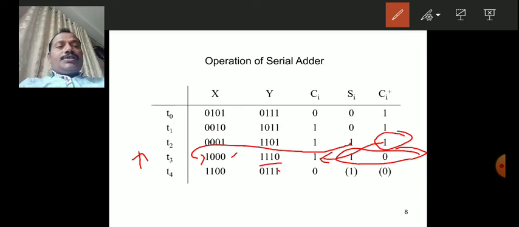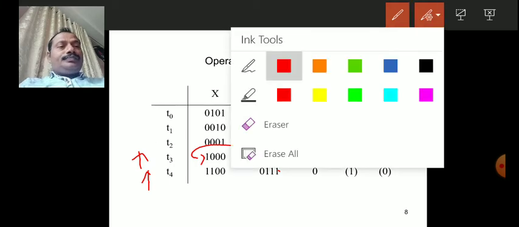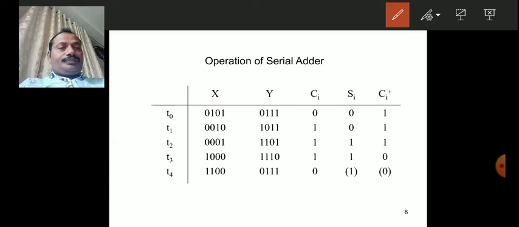Now the next pulse comes here. In the next pulse, the sum bit is shifted into the MSB position of X, and each of the other bits of X is shifted right. So this sum bit came here as MSB, and the other bits of X are shifted right.